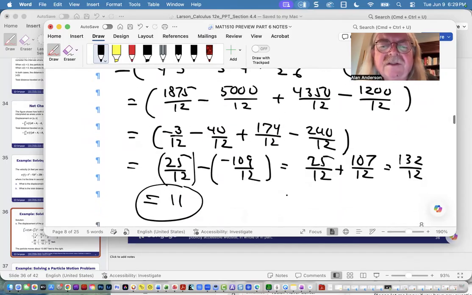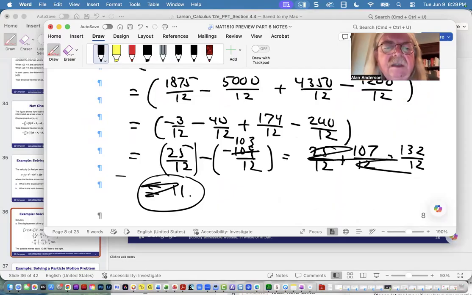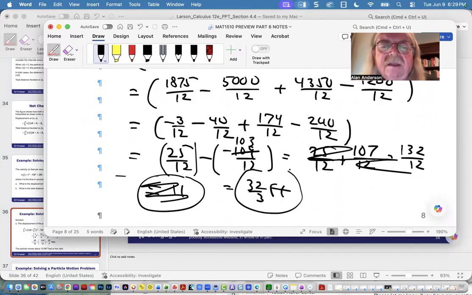All right. Well, we don't want to waste too much time. The correct answer apparently is 103. All right. So I'm sure there's a small mistake in there somewhere, but we ended up with 32 thirds feet. Okay.